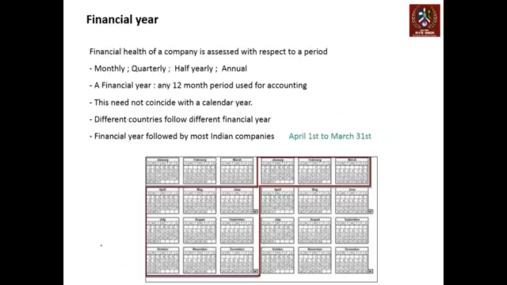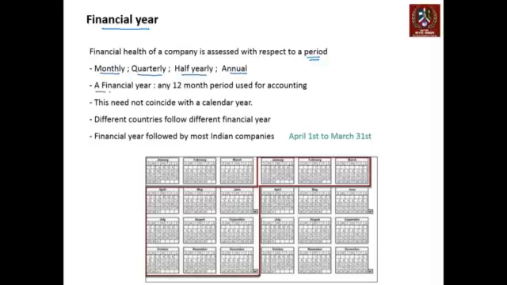Now, when you're looking at a particular company, you also have to understand the concept of what is called a financial year. You will have to eventually break down the performance of the company in terms of periods. So you either take a monthly performance, a quarterly performance, a half yearly performance, or an annual performance, right?